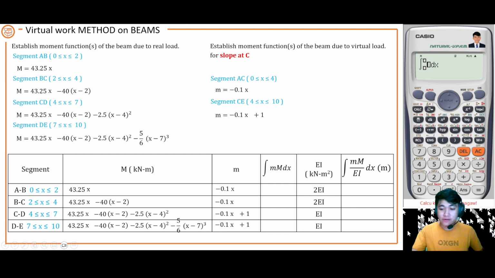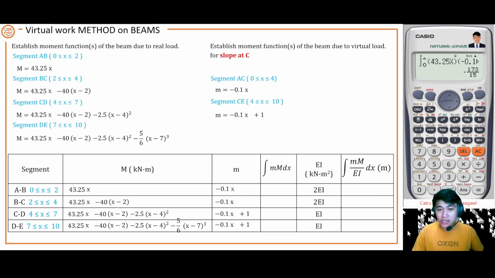So we have the integral of 43.25x for A to B, then multiply by negative 0.1x. The limits are from 0 to 2.